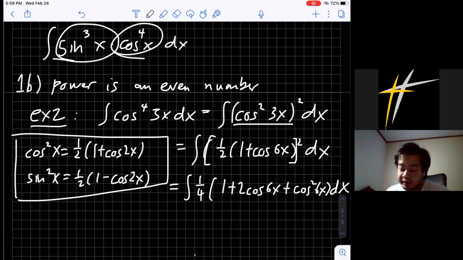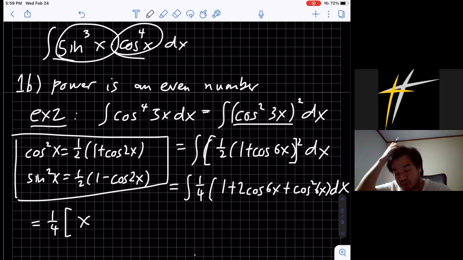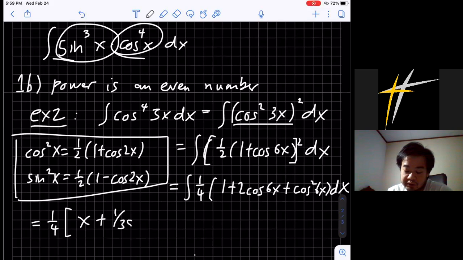The integral of 1 is x. The integral of 2 cosine 6x is 1 over 3 sine 6x, right? And then we have another cosine square, so we cannot do that directly. So you have to change it, cos square 6x dx.